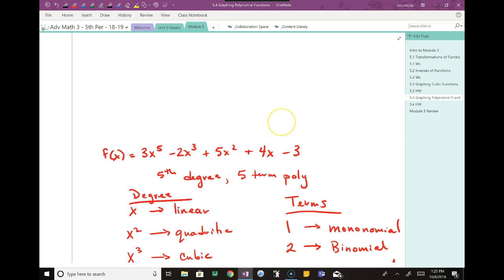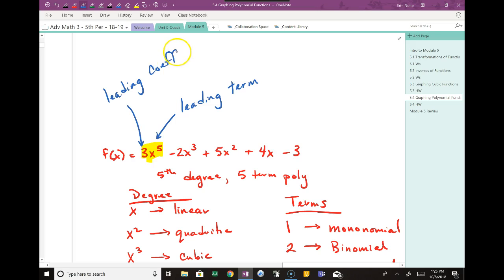So the leading term, this one right here, we refer to as the leading term. And if I say leading coefficient, do you know what the leading coefficient is? The 3. Okay, so the leading coefficient is the very first number.